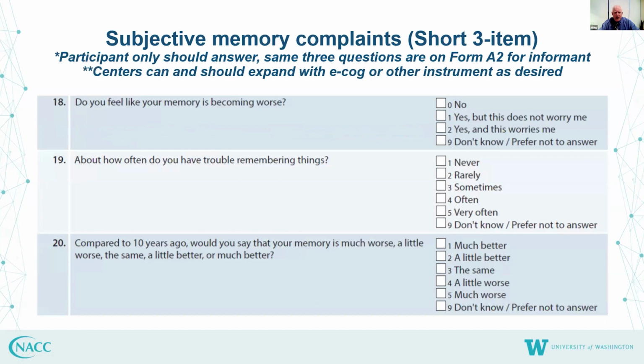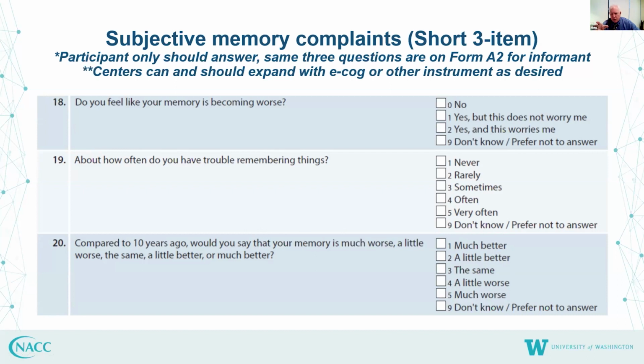The second section of this, after describing the patient, is really these 3 subjective memory questions. These were developed in conjunction with the cognitive working group, and they are validated questions. All 3 of them may sound redundant at times, but they are very important.